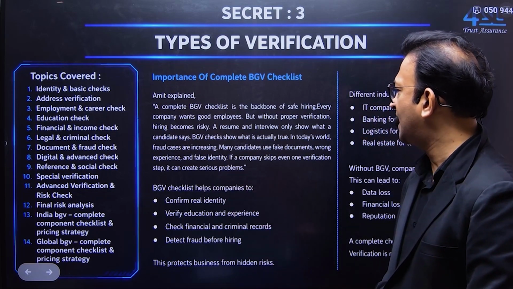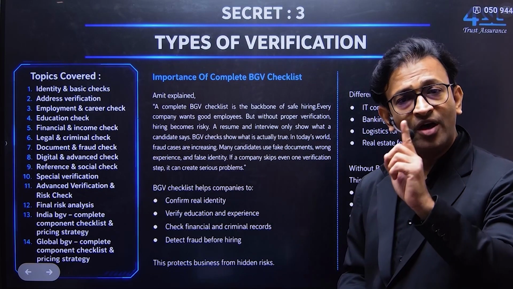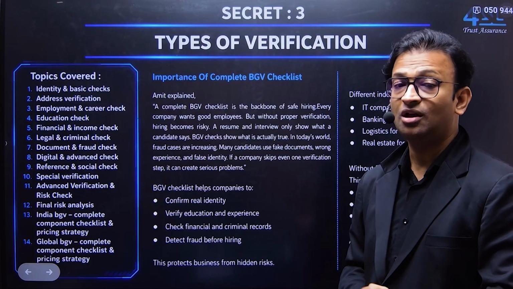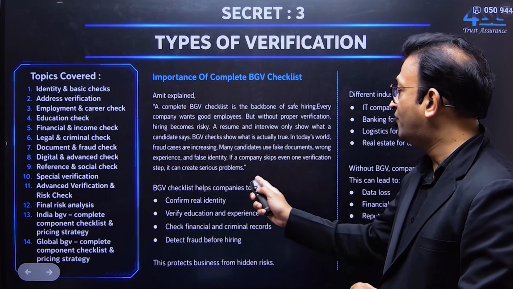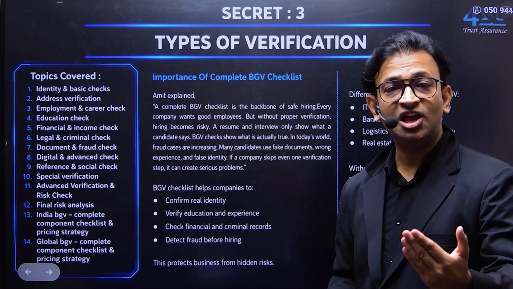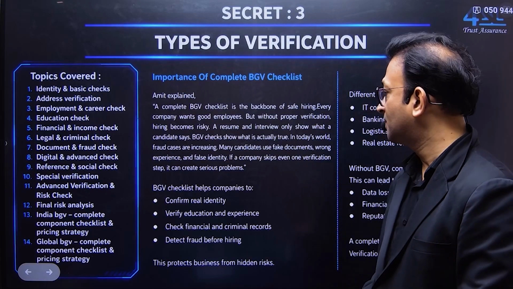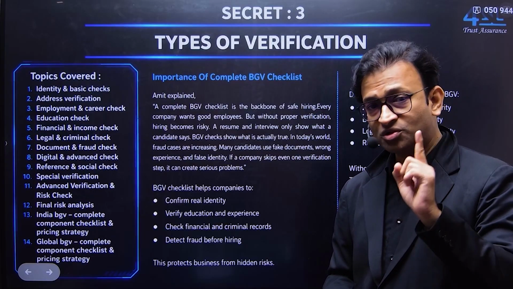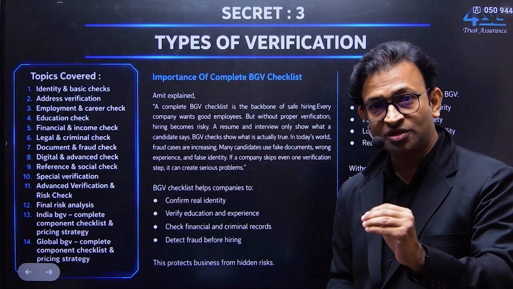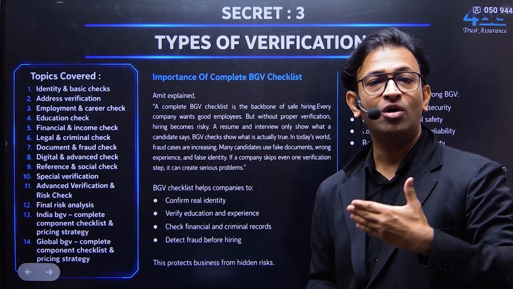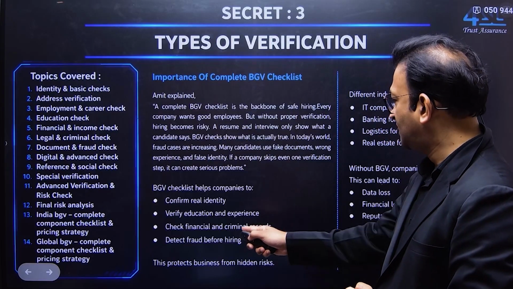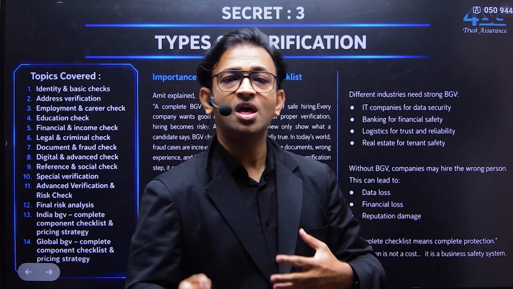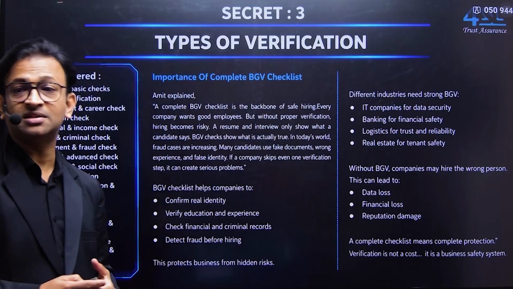A BGV checklist helps companies to confirm the real identity of the candidate, verify their education and experience, check their financial and criminal records, and most importantly, detect fraud before hiring. This protects business from the hidden risks that are present.